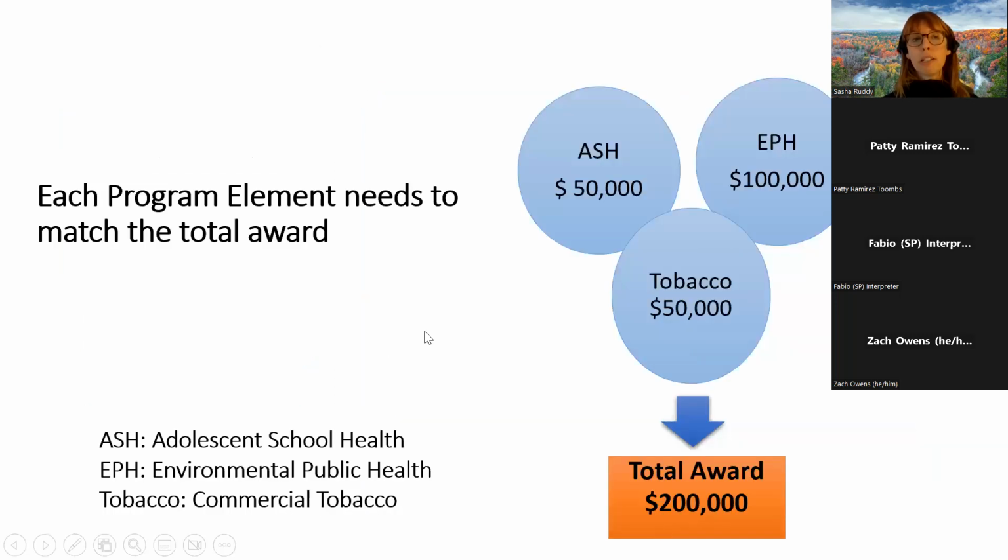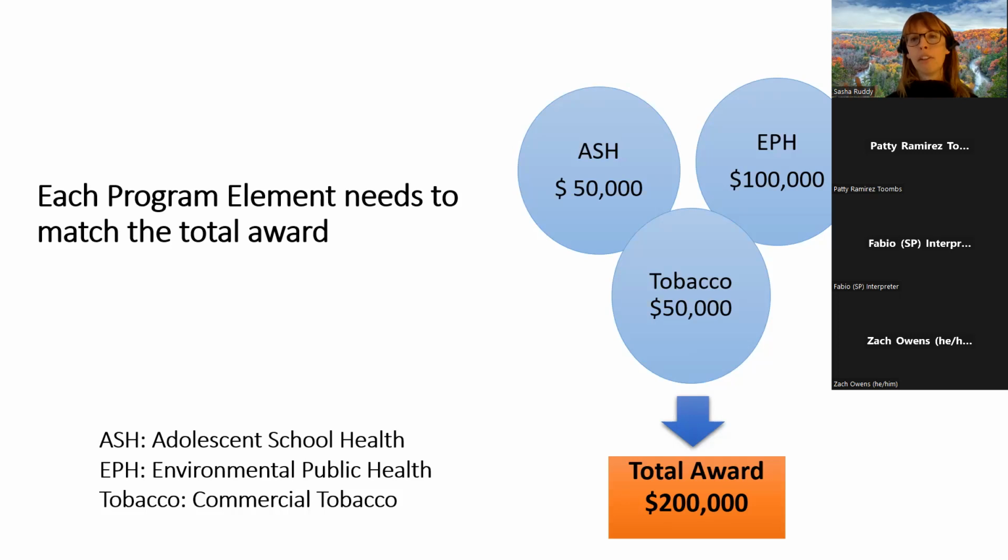So I mentioned this a couple of slides ago, but just to reiterate, each program element needs to match the total award amount. So in the top left bubble, we see ASH, or Adolescent School Health, being funded $50,000.